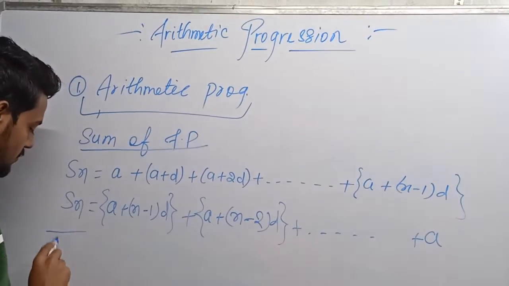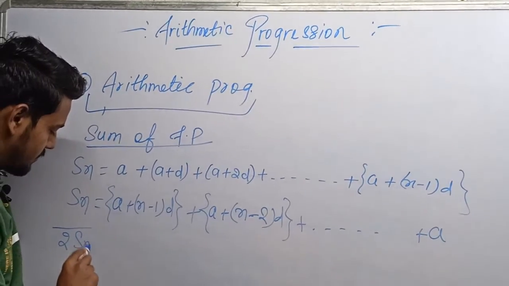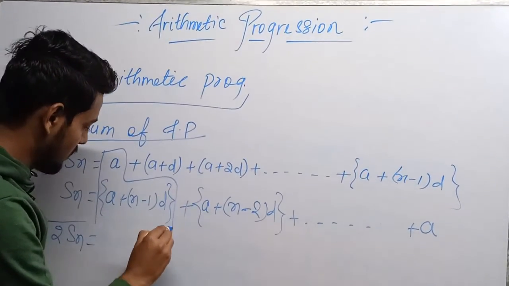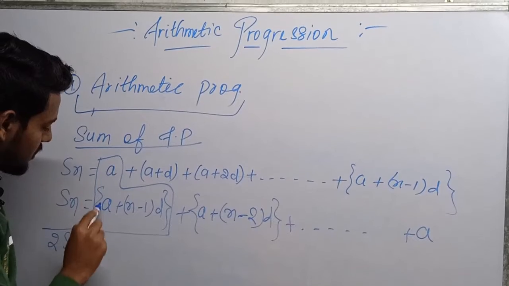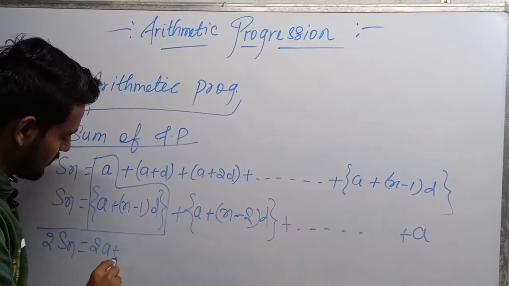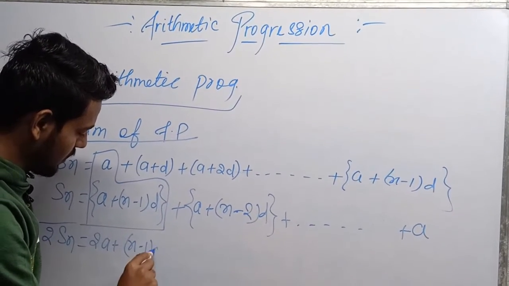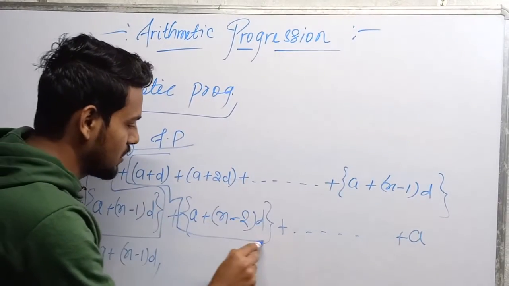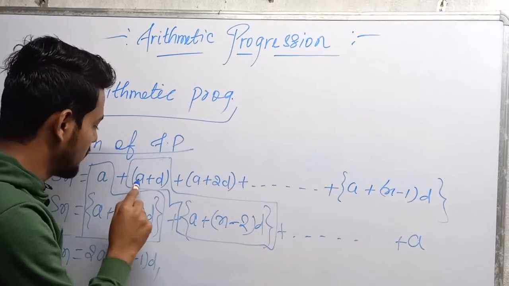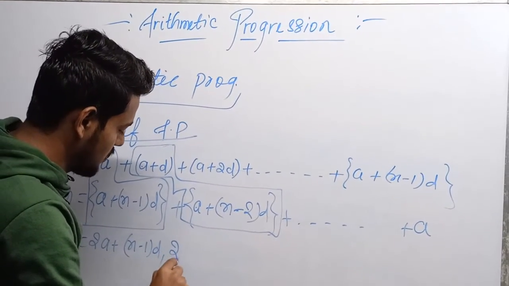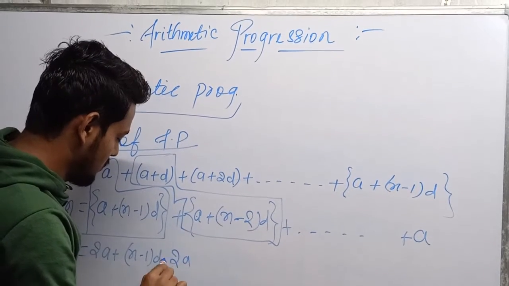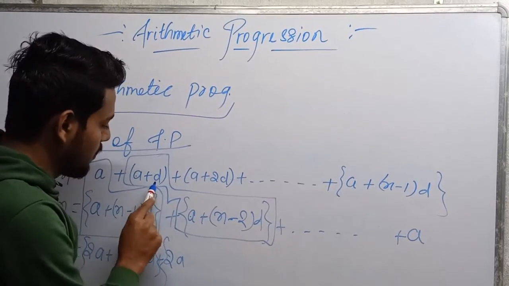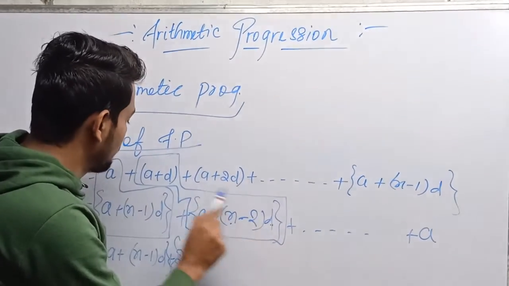Let's add these up. It will become 2 times Sn. If we add the first terms, we get a plus a, which is 2a, plus (n minus 1)d. If we add the second terms, we get the same: 2a plus nd minus 2d plus d.